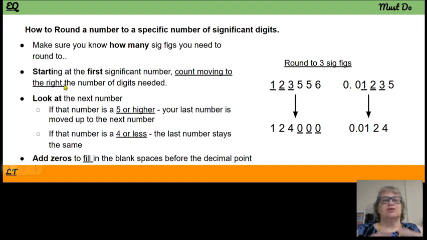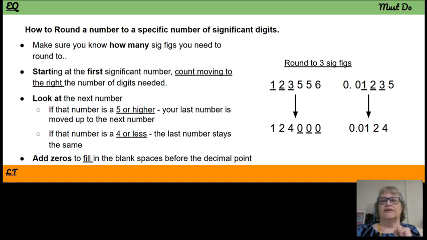Starting at the first significant number, count moving to the right the number of digits that you need. So I have this number 1, 2, 3, 5, 5, 6. I only need 3. So I start at the first number and I say 1, 2, 3.